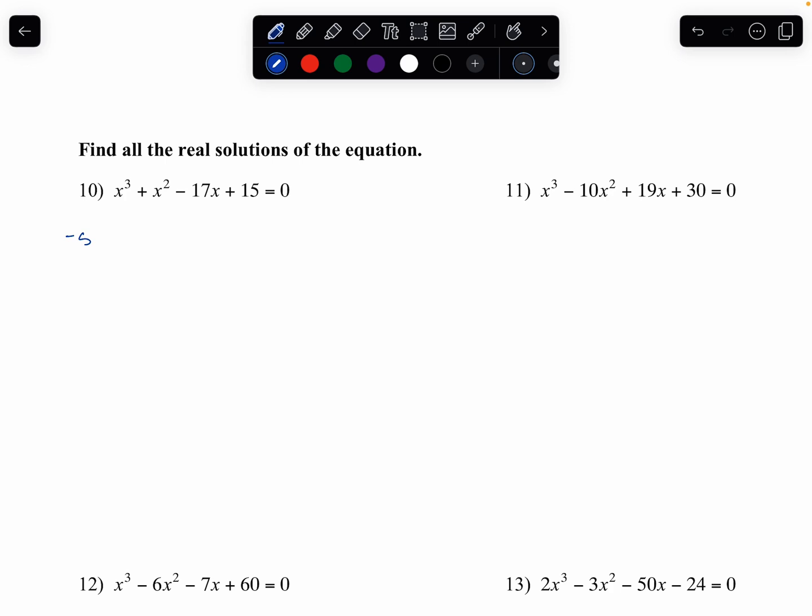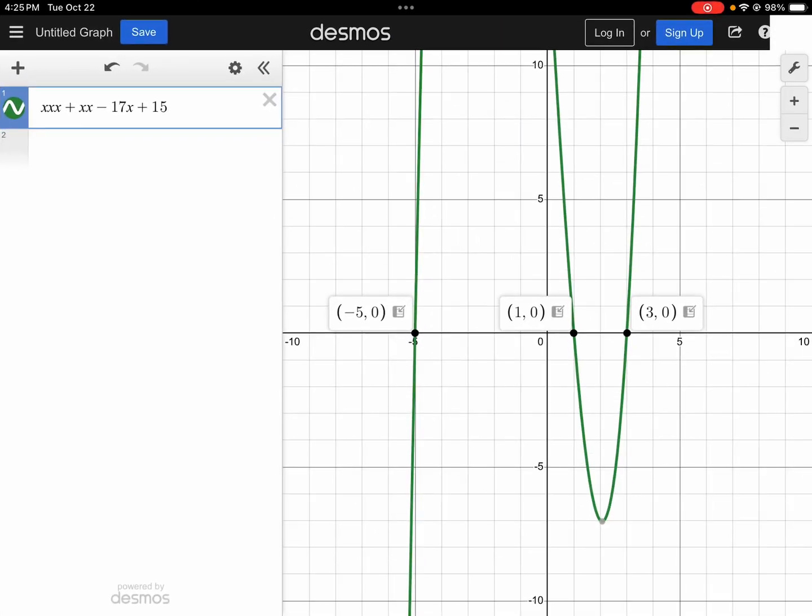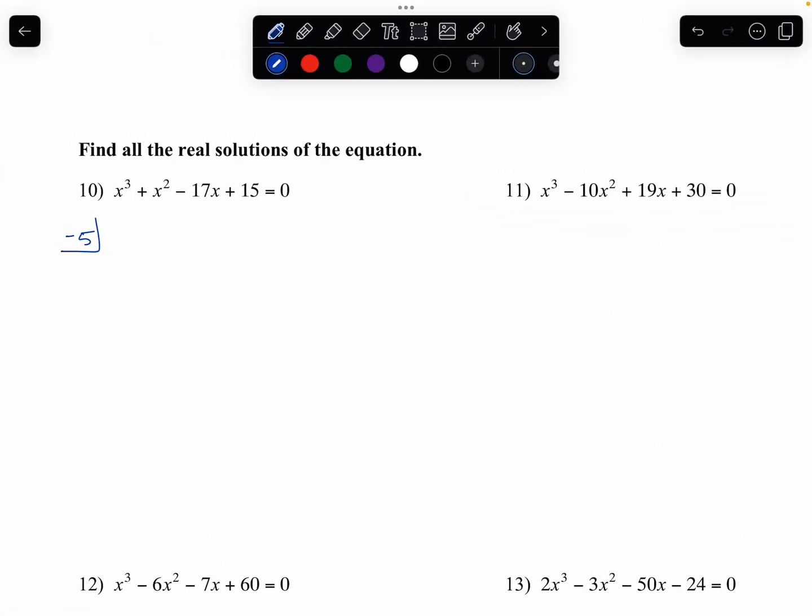So that's going to be the work that I'm going to be showing. I'm just going to take negative 5 because that's the far left 0. I could really take 1 or 3, doesn't matter. And then use some synthetic division. Drop the 1. 1 times negative 5 is negative 5. 1 and negative 5 add together to be negative 4. Then I get 20. I get 3.